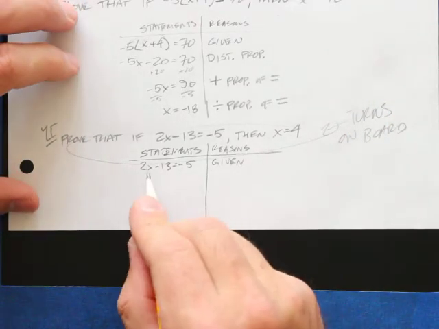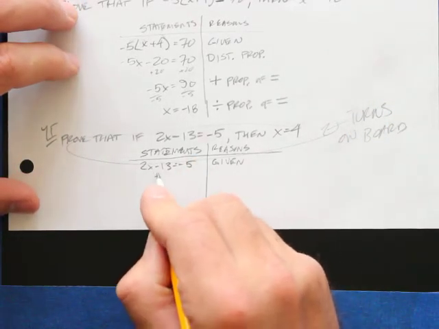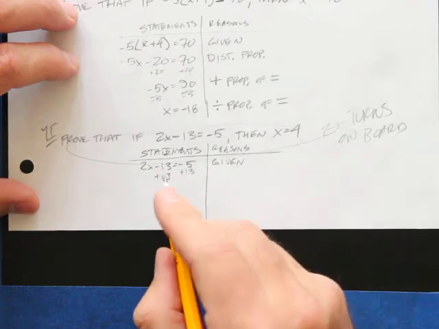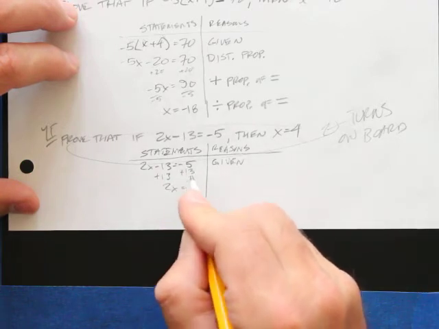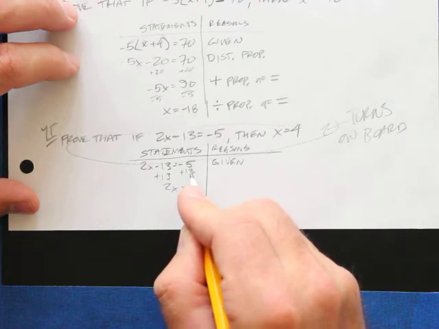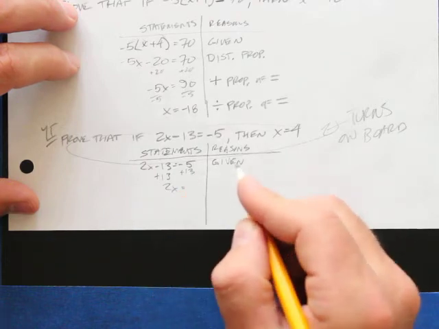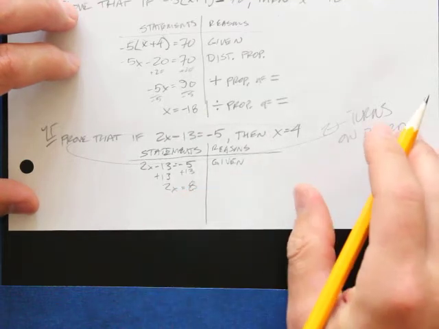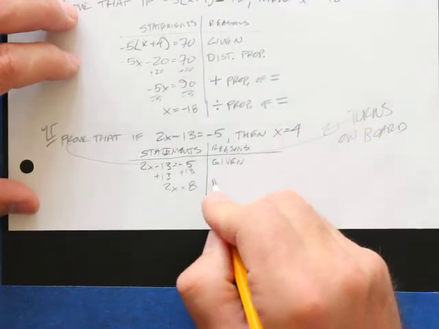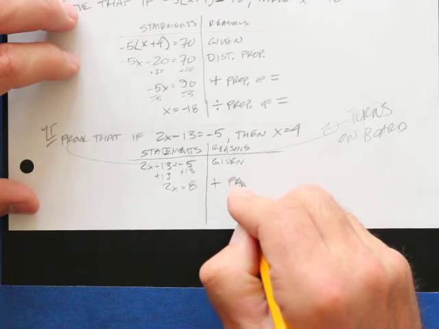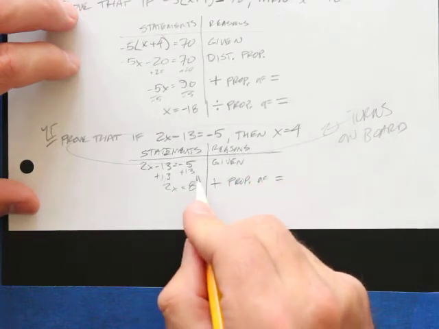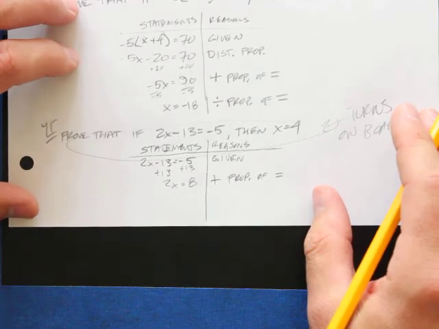I want to get x by itself, so I'm going to add 13 to each side. And so I end up with 2x equals -5 plus 13. That gives me positive 8. And what I did there was I used my addition property of equality. What I added to one side, I also added to the other side.